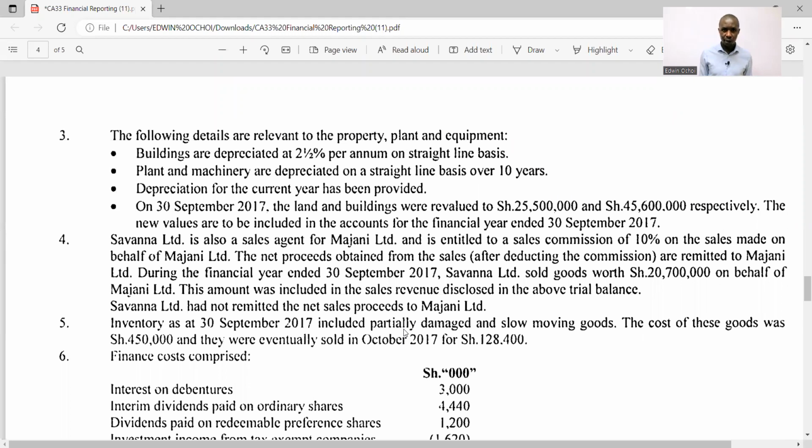So we will account for the commission, the sales for the Majani. So in terms of what he was remitting after selling, we'll account for that commission and check on how we are supposed to record in the books.